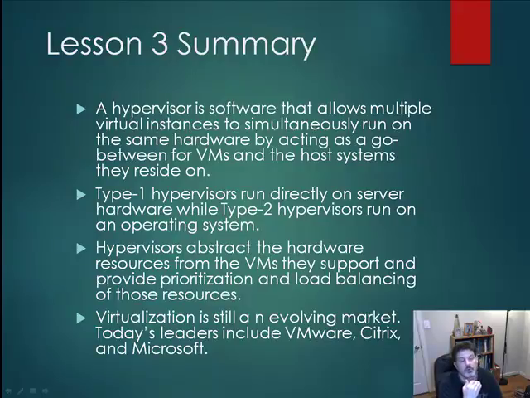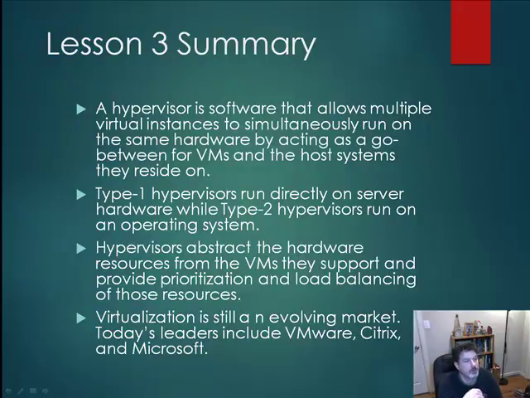They're going to provide some sort of prioritization using algorithmic code, configuration settings, and load balancing for all of these resources. And over the next several weeks, we're going to show you how we can manipulate hypervisors to give us some power over how those resources are utilized by multiple VMs.